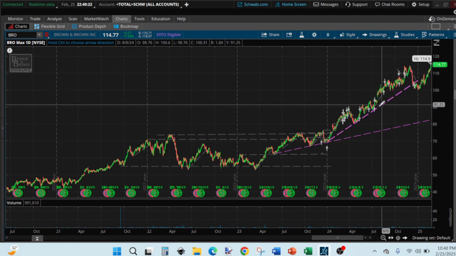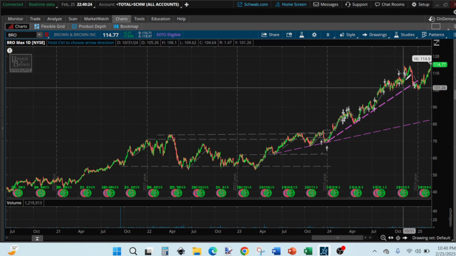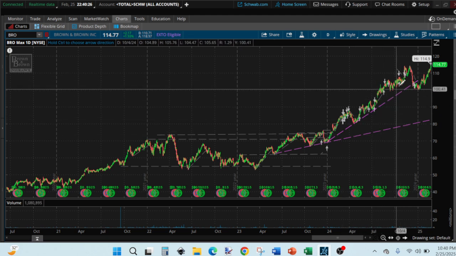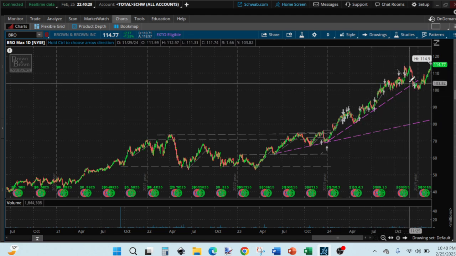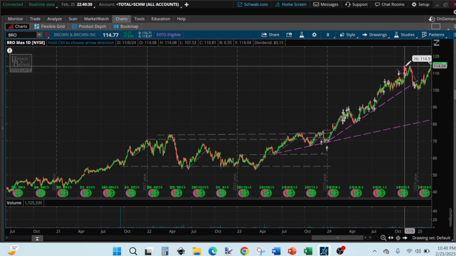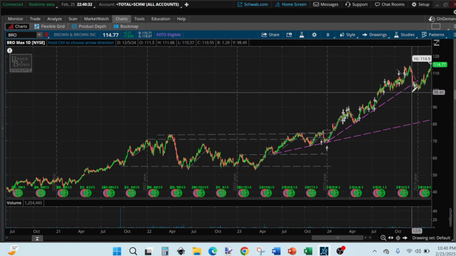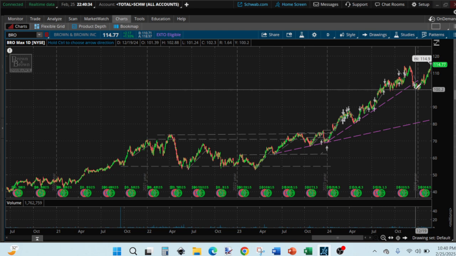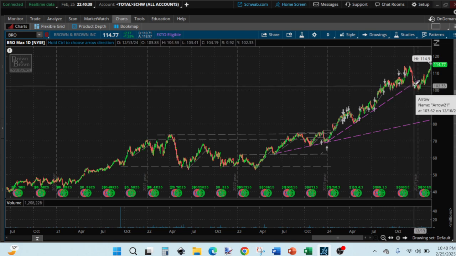Following short option line swing trading strategy, we bought it and it went up a little bit, fell down, went up, fell down to the trend line, and we bought it there again.